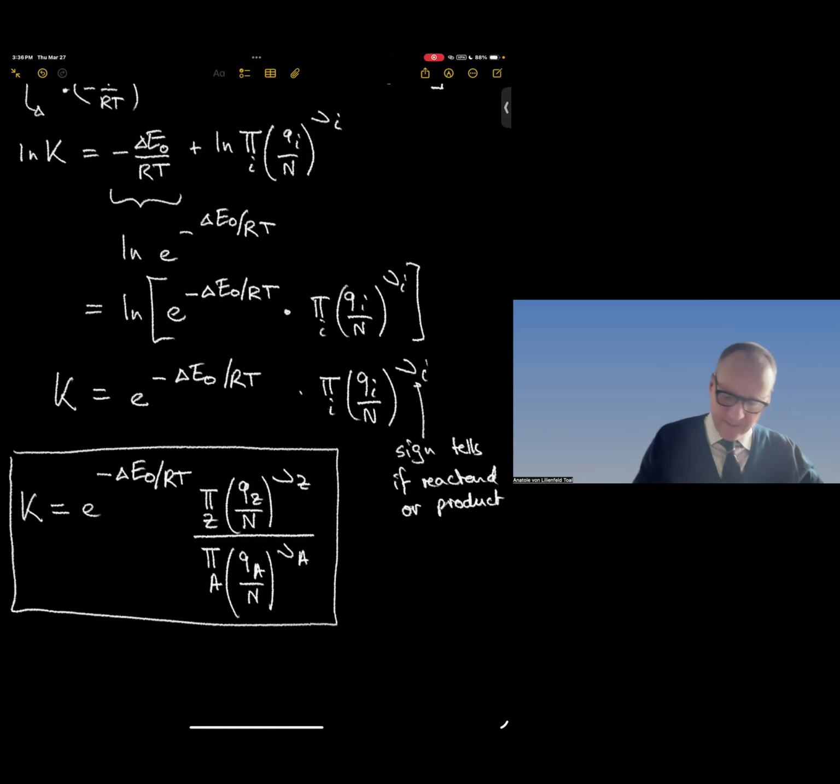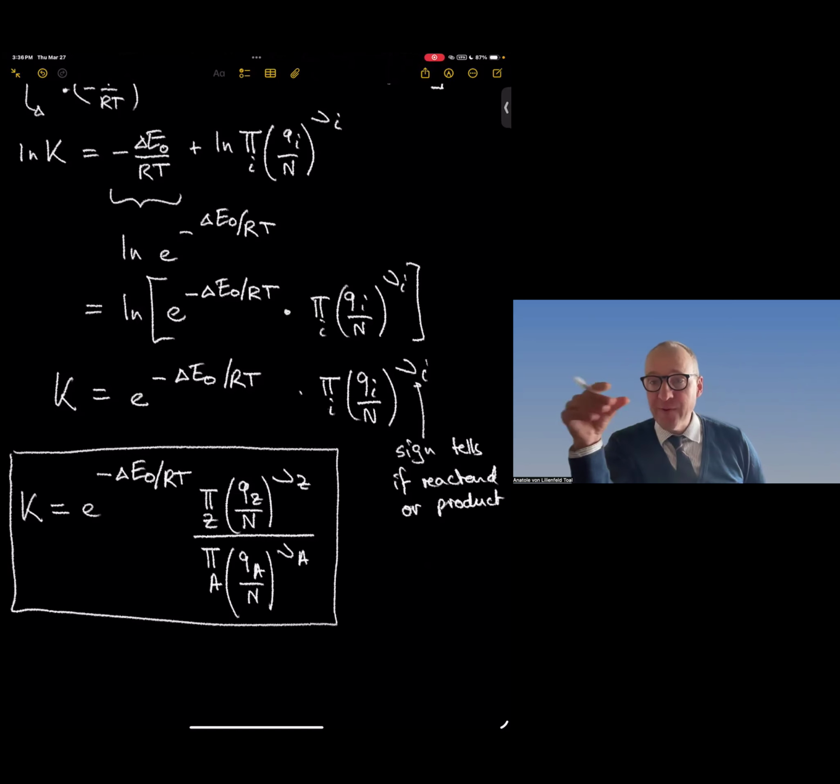And so this is a good way to think about your equilibrium constant, right? There's a prefactor in front, and this prefactor is shrinking exponentially fast as your energy difference becomes larger, right? And so if your energy difference is 0, then your prefactor is 1, right?